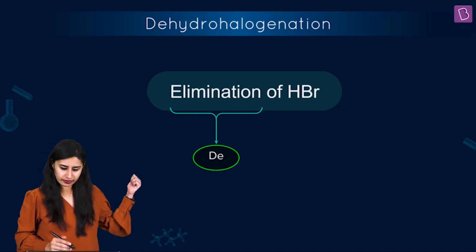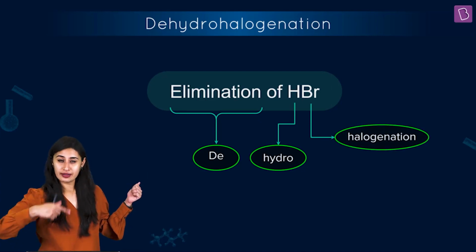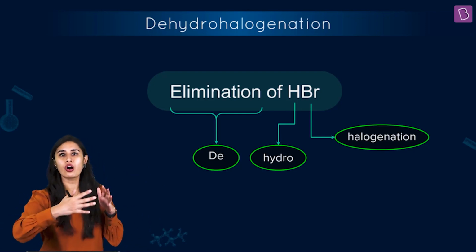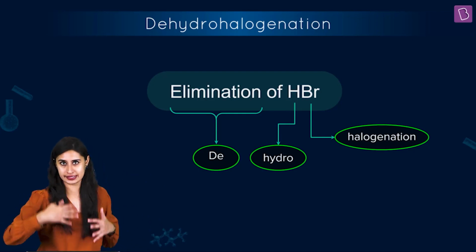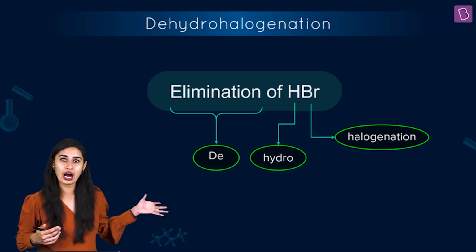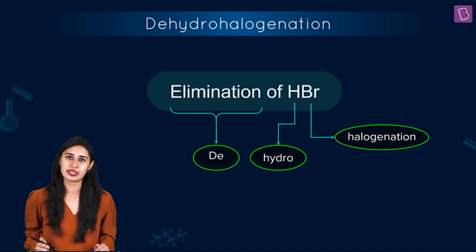Elimination is D, H is hydro, Br is halogen: dehydrohalogenation, removal of H and X. So removal or elimination of HBr, we can say that yes, dehydrohalogenation is happening.